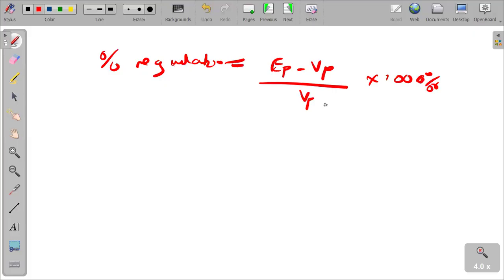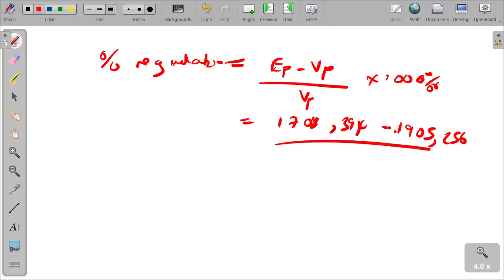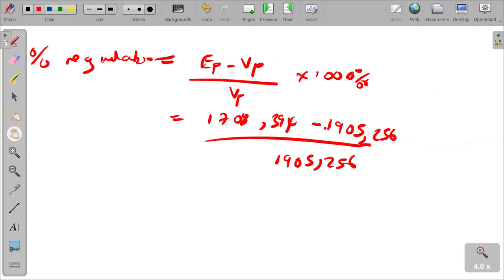That's 1,708.394 we have already calculated, minus 1905.256, divided by 1905.256, and multiply that by 100%, and that will give us negative 10.33 to 3 decimal places percent.